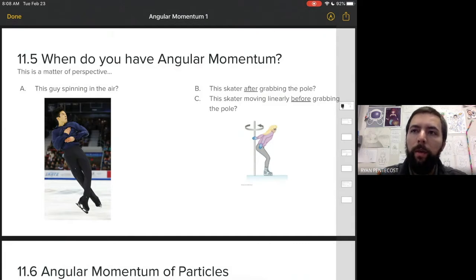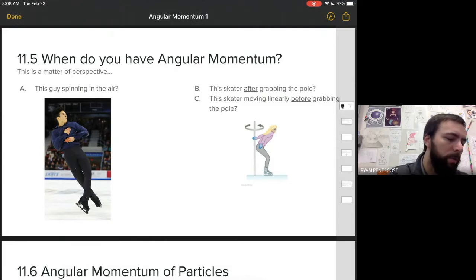And it's not because she is spinning, because she is traveling linearly, but it's because of the definition of angular momentum. You have to be a certain distance from an axis of rotation, and it's a matter of perspective. Is your angle changing relative to that perspective? We'll talk about that, but it has to do with conservation of angular momentum.